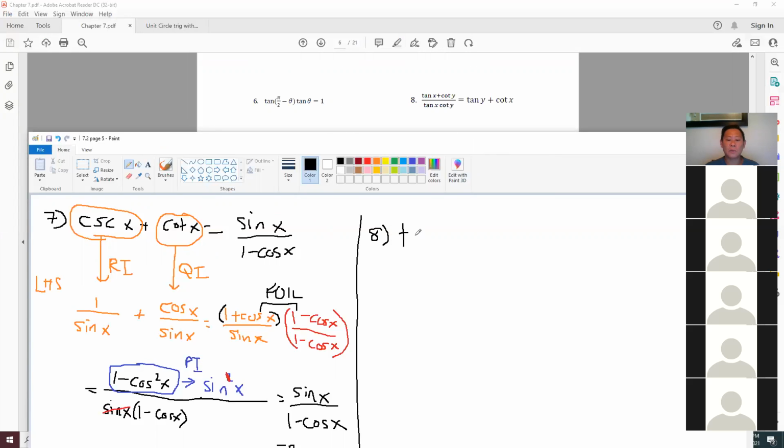So we're gonna do the next one here. Tangent x plus cotangent y over tan x cot y. And this will be tangent y plus cotangent x. And don't forget, y and x are not the same. The variable x and the variable y is different here.